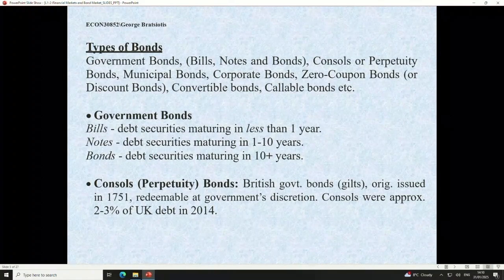Government bonds are not exactly bonds. For example, if a government bond matures in less than a year, then we call it a bill. If it matures between 1 and 10 years, we call it a note. And if it's above 10 years, we call it a bond.